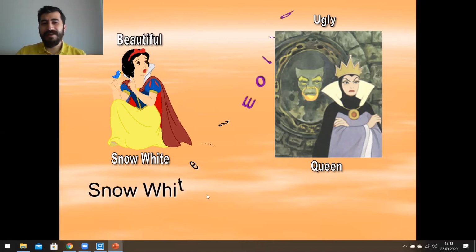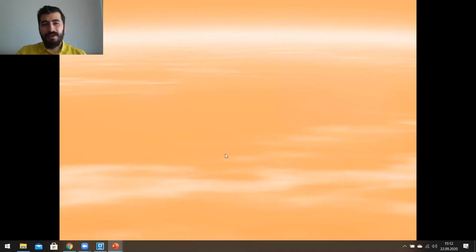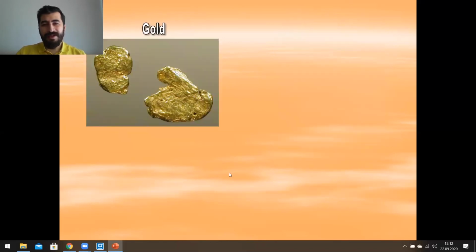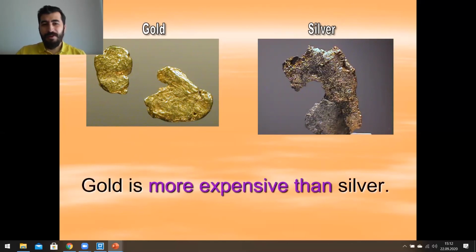Snow White is more beautiful than the Queen. Gold and silver. We talk about their price. Gold is more expensive than silver. Silver is cheaper than gold. Gold is more expensive than silver.